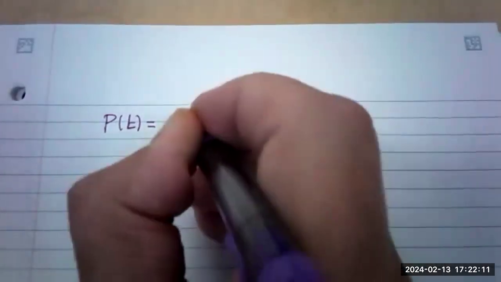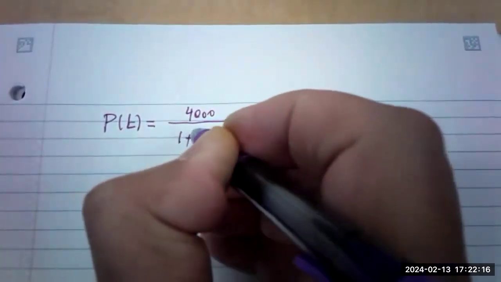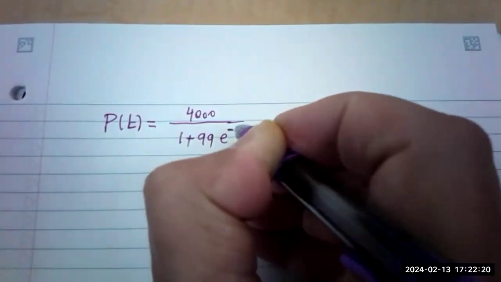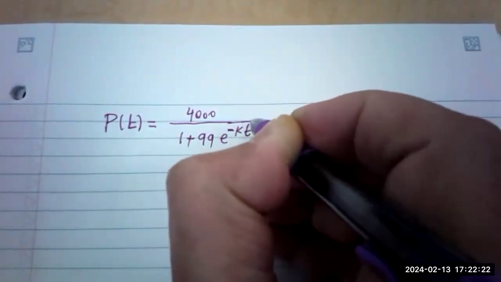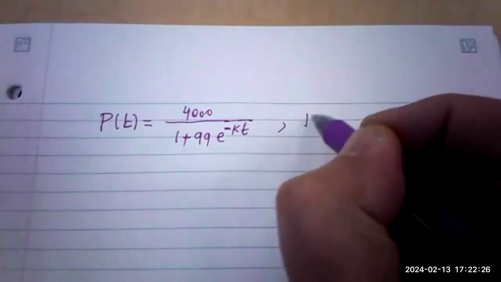So the model so far: P of T, M is 4,000, over 1 plus A, A is 99, times e to the negative KT. So you have to find the K.